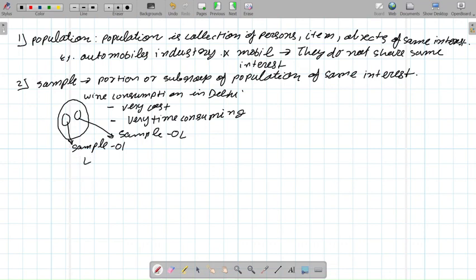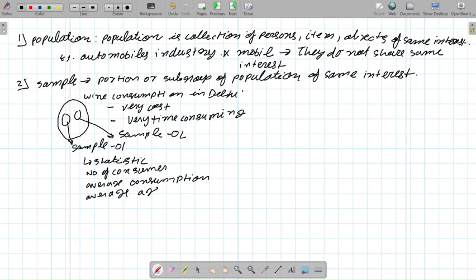So we can take a few statistics such as number of consumers, average consumption, average age or anything.